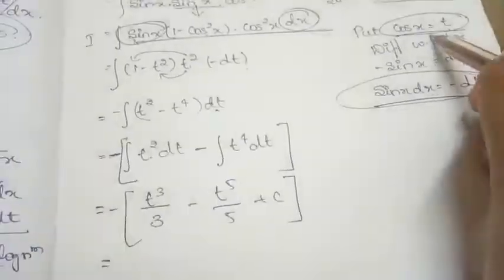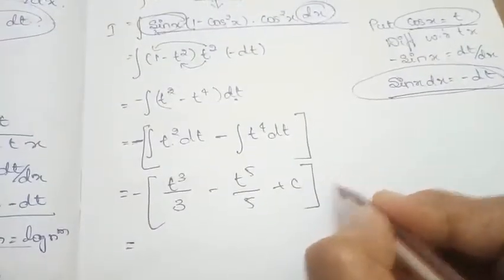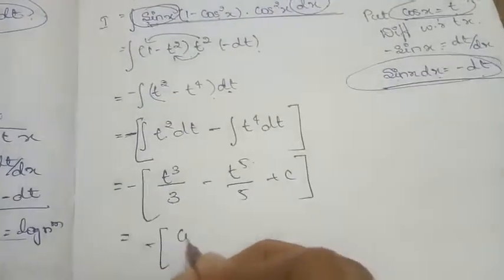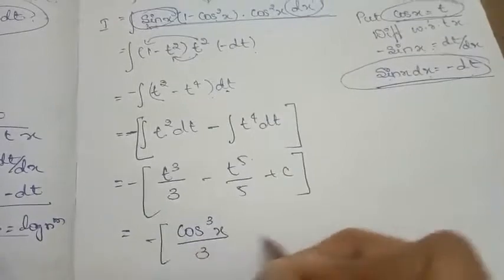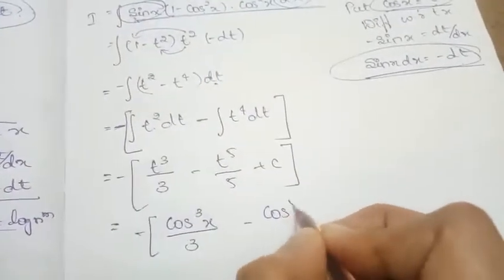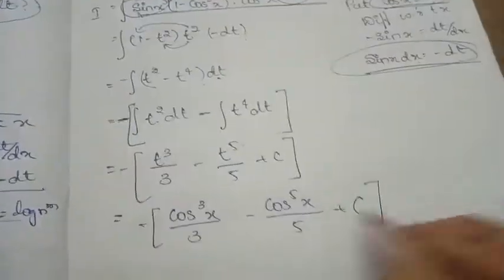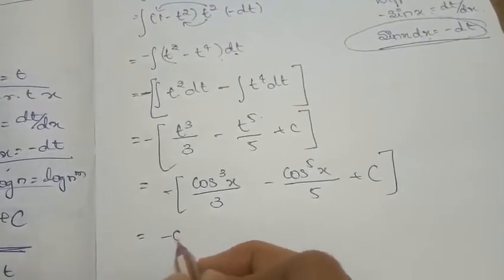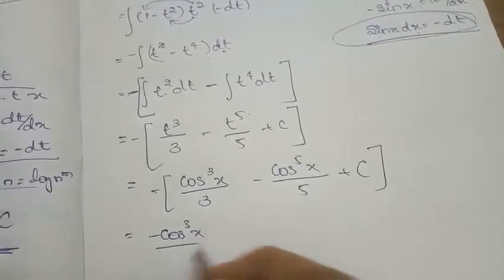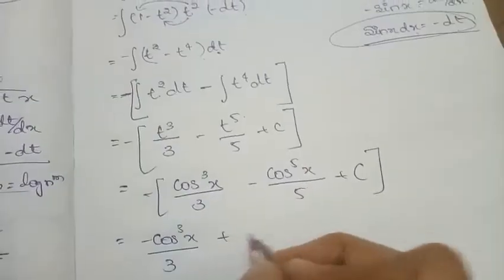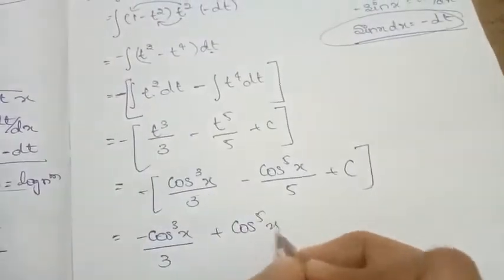Now if I resubstitute back the value of t, what is the value of t here? It was cos x, so cos cube x divided by 3 minus cos to the power 5 x divided by 5, plus c. Multiplying back that minus, it becomes minus cos cube x divided by 3, and minus into minus gives plus cos 5 x divided by 5.